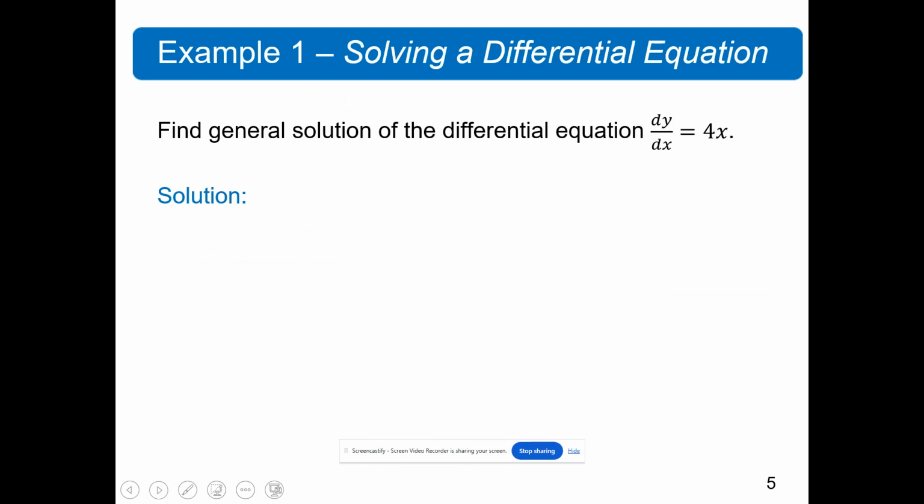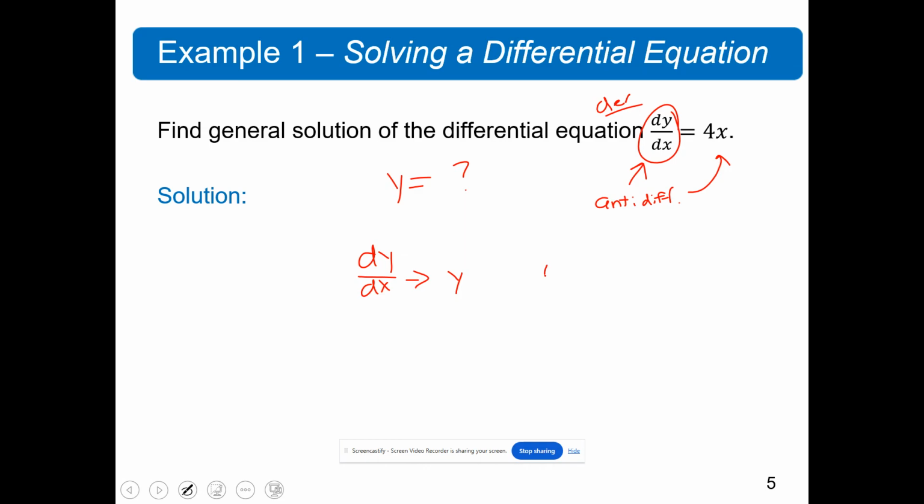So example 1 says solving differential equations. What we want here is we have a derivative and our answer should be y equals something. So how do we undo this? Well, we do something called anti-differentiation. And if you do it on one side, you then have to do it on the other side. So dy dx is just going to become y.